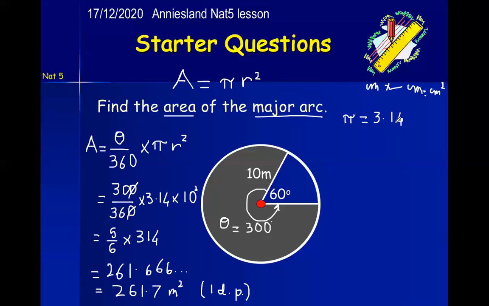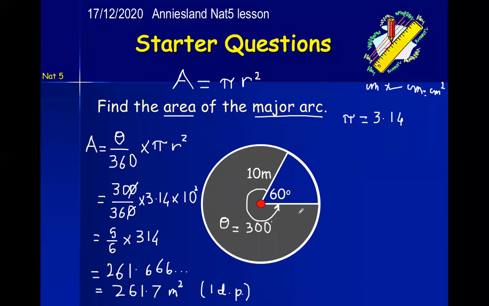And this time I get 261.8 with 1 decimal place. So if you decide not to use 3.14 but use pi, you would need to round to 261.8 with 1 decimal place, and just put pi times 100.